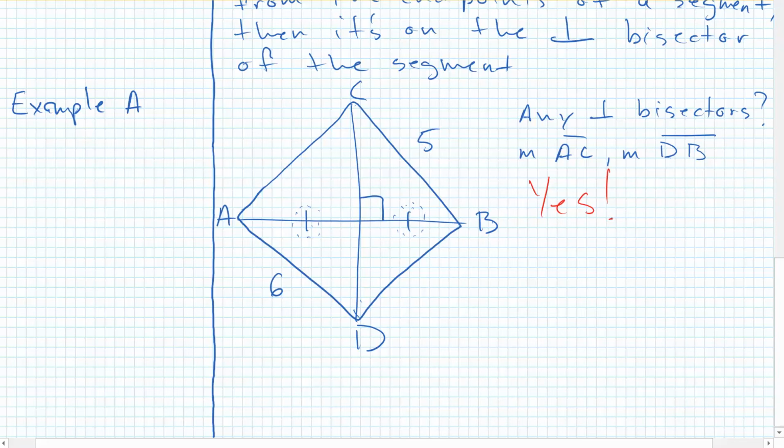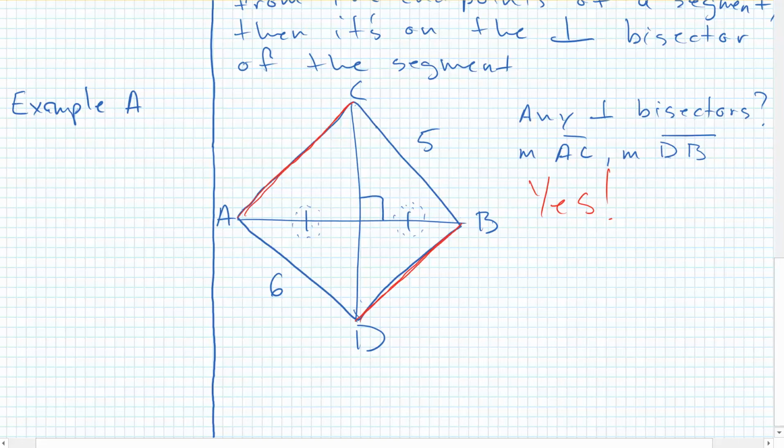Now we also want to know the measure of AC, or this guy here, and we want to know the measure of DB. Well, we can use theorems 5.2 and 5.3 to figure this out pretty quick. Now remember, 5.2 and 5.3 tell us that if we have a point on a perpendicular bisector, it's the same distance to both endpoints.